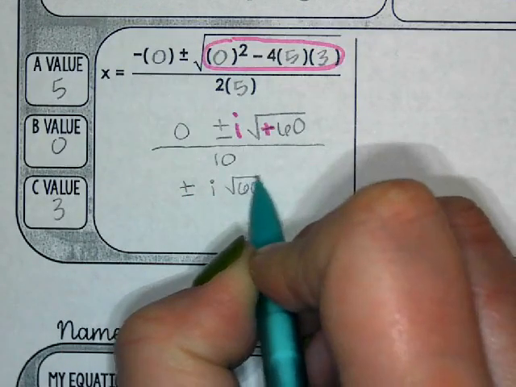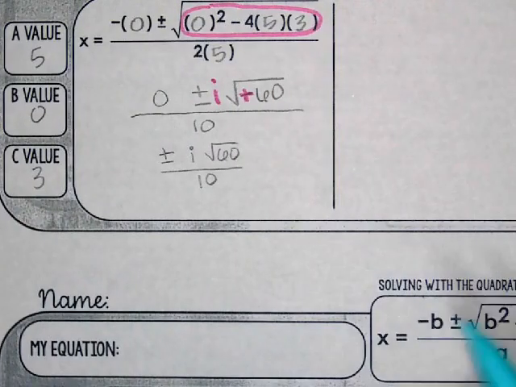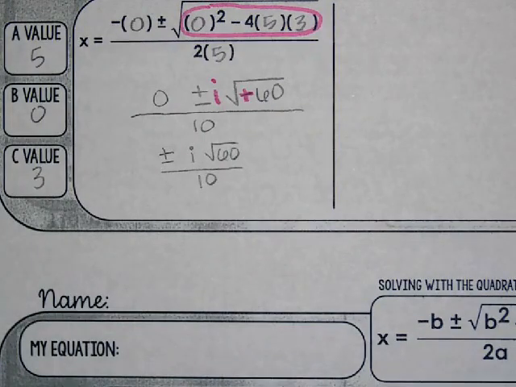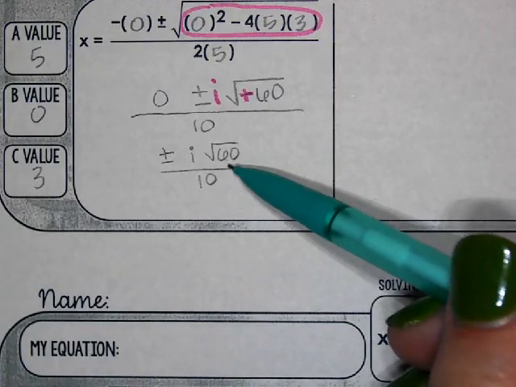all over 10. Can I simplify and say 60 over 10 is 6 somehow? Are you able to do that? So you can only reduce numbers that are in the same position.